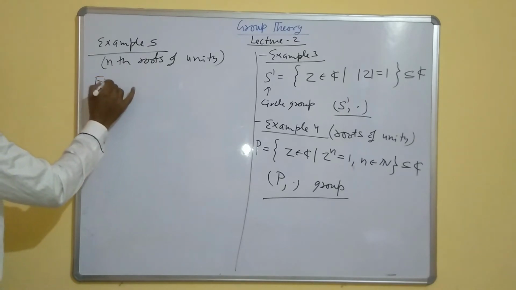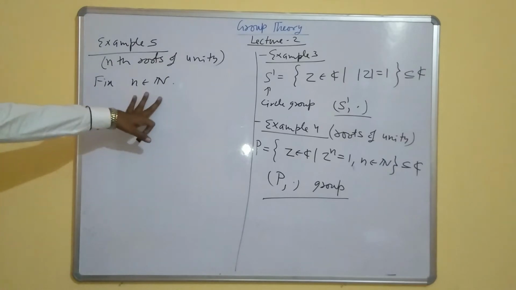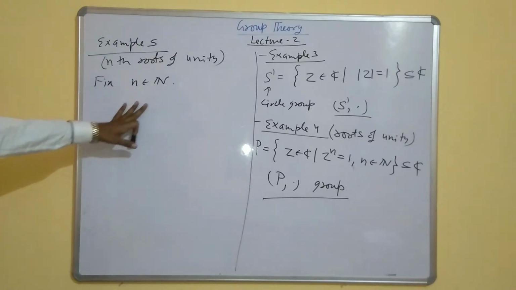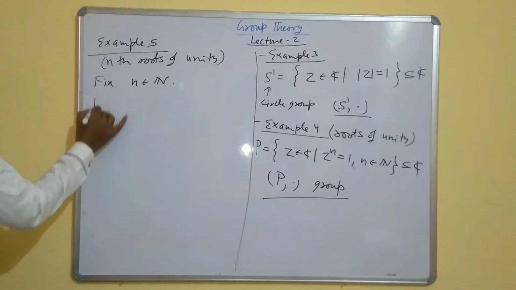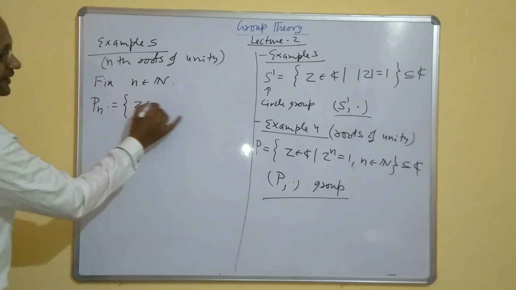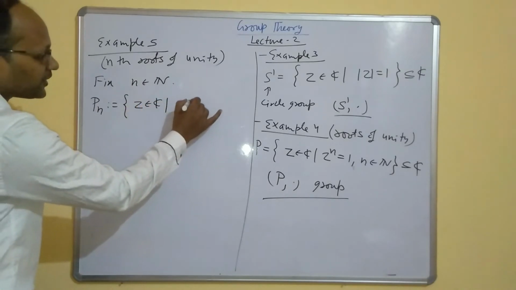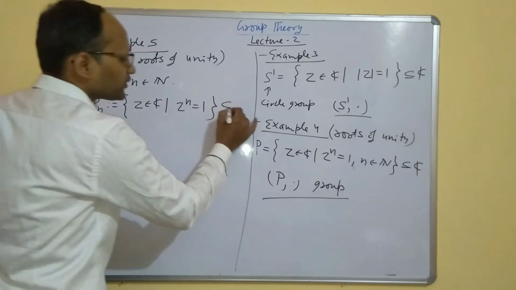Fix an n in N, or take any positive integer or natural number. So define a set Pn to be those z in C such that z to the power n is equal to 1. This is again a subset of the set of complex numbers.